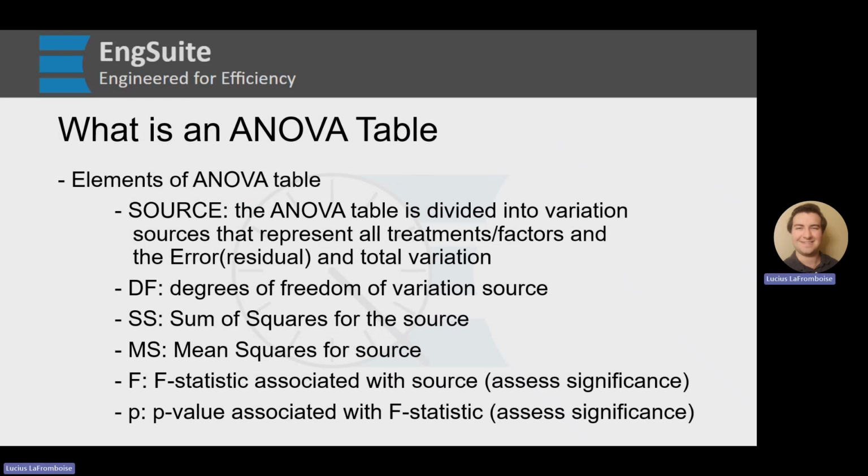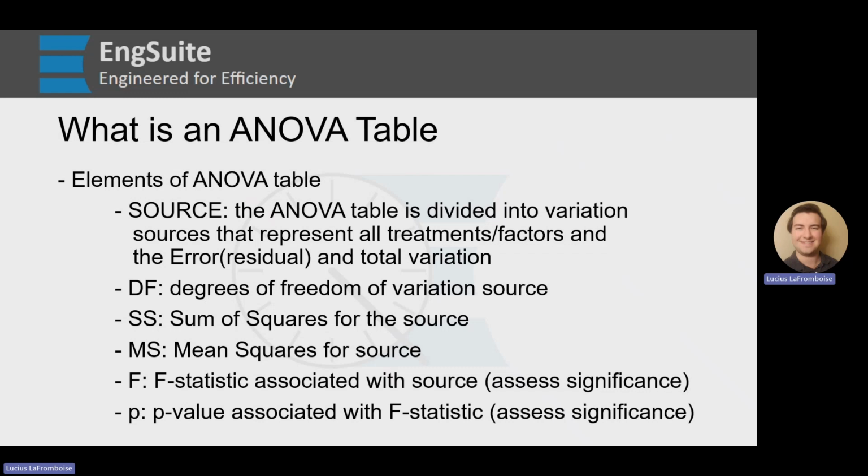When we're doing an ANOVA, we're really talking about the ANOVA table. There are a few important elements of an ANOVA table that we should talk about. The first is the source. You'll see later on the next page that the ANOVA table is divided into variation sources that represent the treatments and factors, the error or the residual, and the total variation.